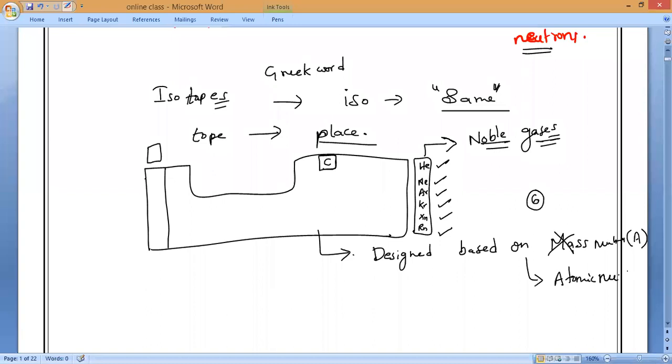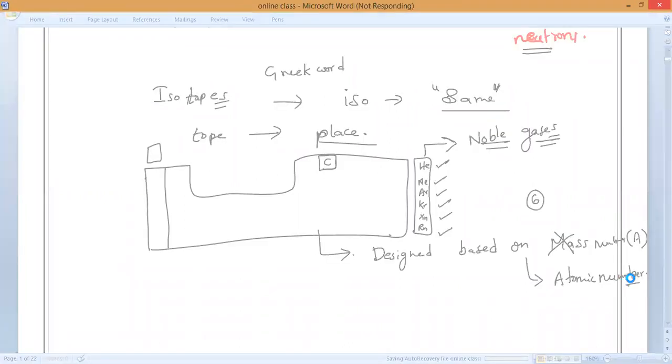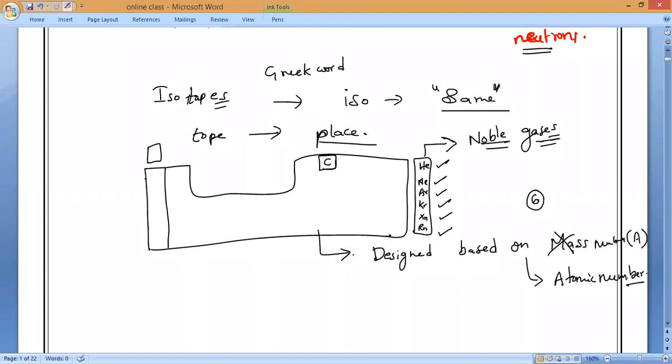Are you clear, everybody? Because what is unique in an atom? Number of protons. So the number of protons is different for different elements. For a given element, whatever number of atoms you have taken, if it is the same element, the atomic number, meaning the number of protons, always remains the same.